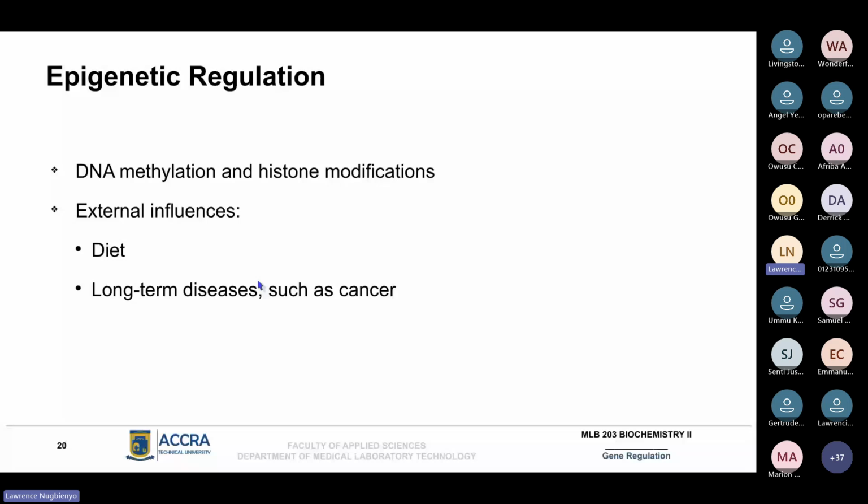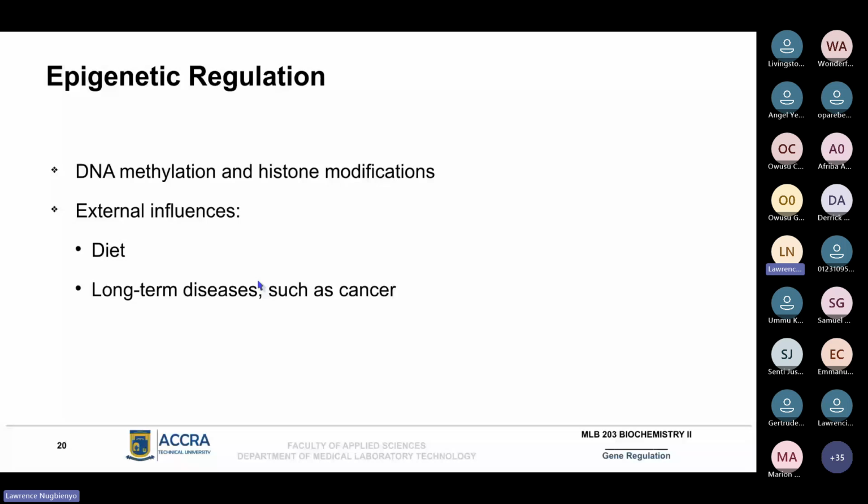Some foods, for instance, so what you eat can affect how genes get expressed. I think I made the example when I was talking about inducible genes, I mentioned the fact that these genes will get expressed only in the presence of the specific substrates.